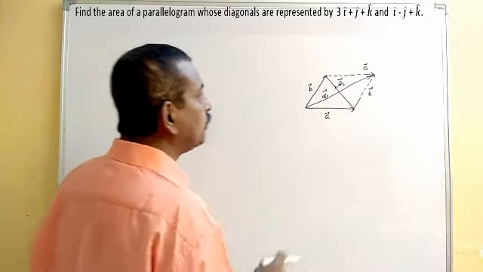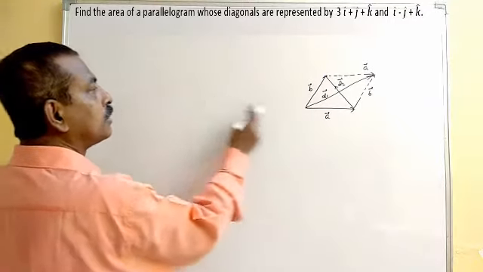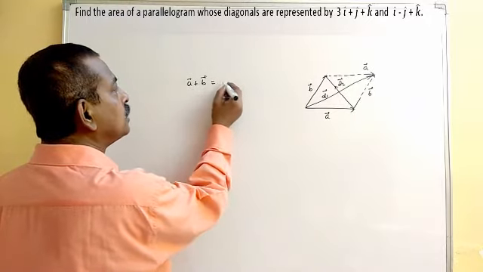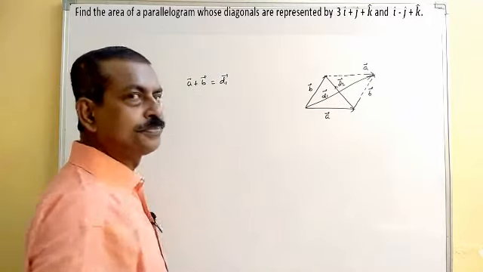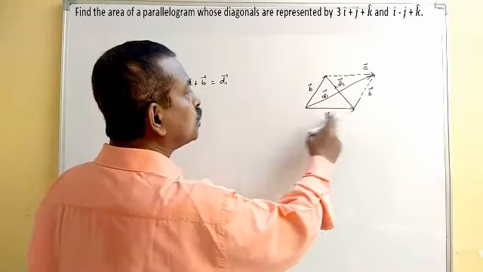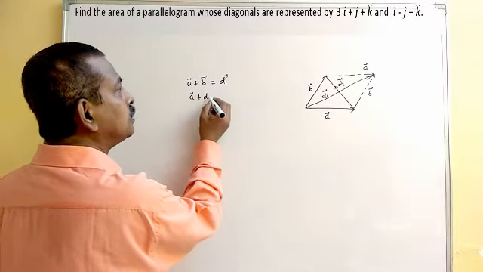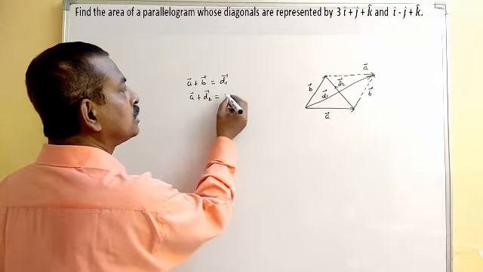So here, for this one, I can write vector a plus vector b. This is your d1 vector. And if I now take this triangle, it is vector a plus d2 vector, this is your vector b.